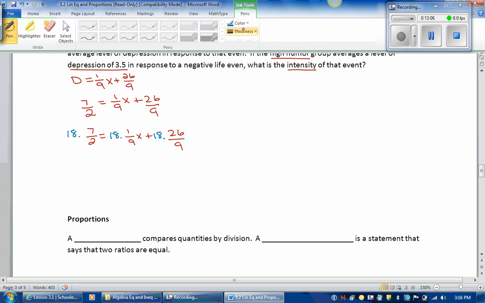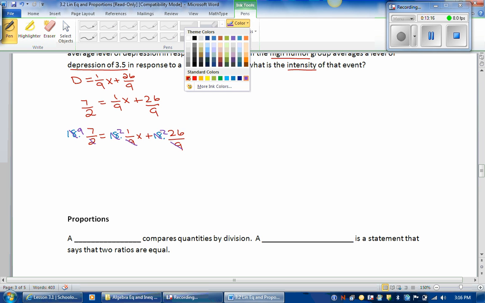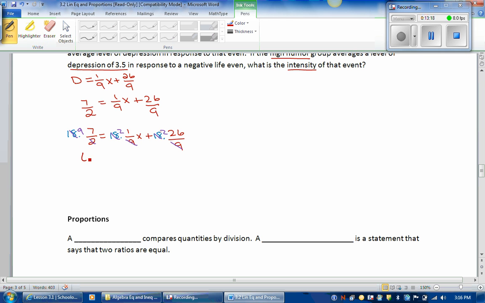So you're going to see those cancellations happen, right? Or simplifications, I should say. And we get 9 times 7, which is 63. 2 times 1, which is 2. And 2 times 26, which is 52. So that's a much easier equation to work with.